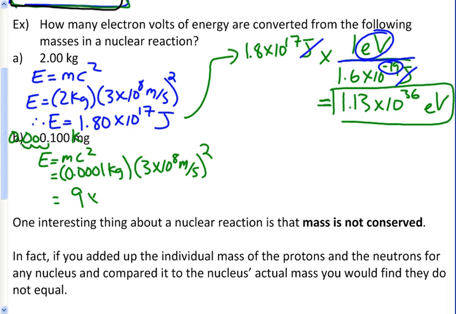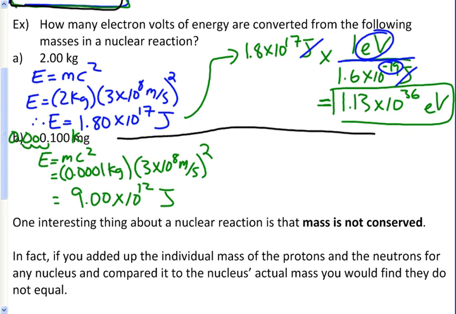Nine times 10 to the 12. Okay, so that'll be 9.00 times 10 to the 12, and this will be joules. All right, so now, sorry, I'm just going to separate those two questions.